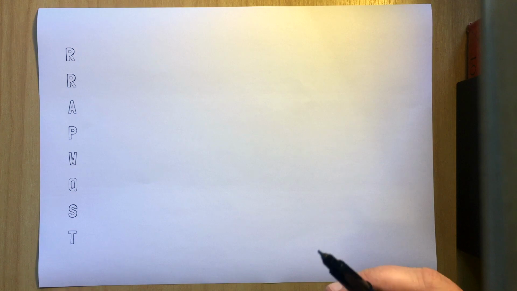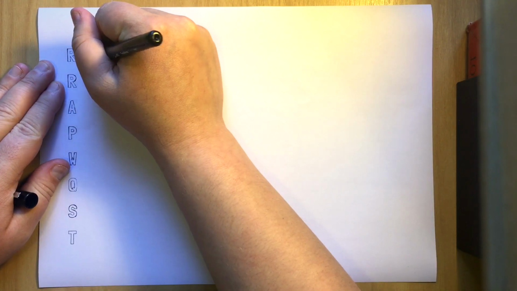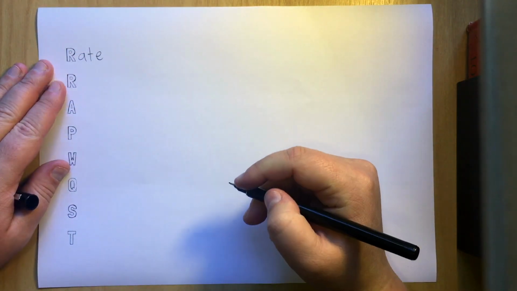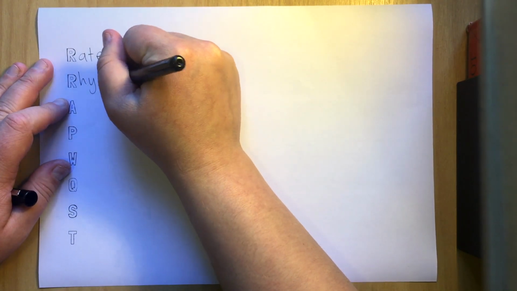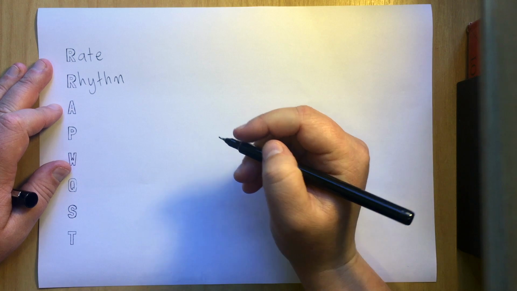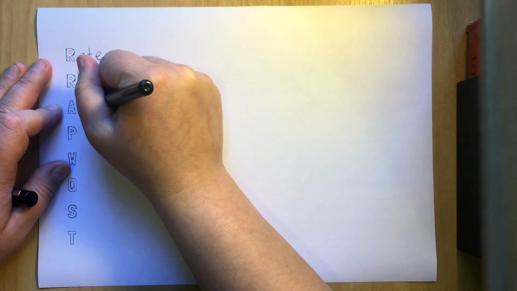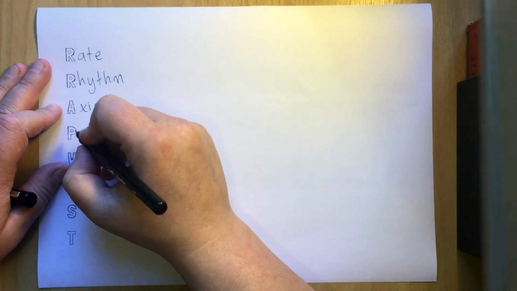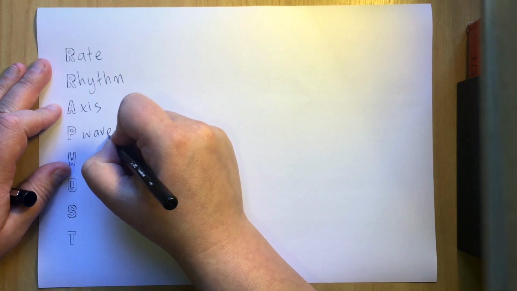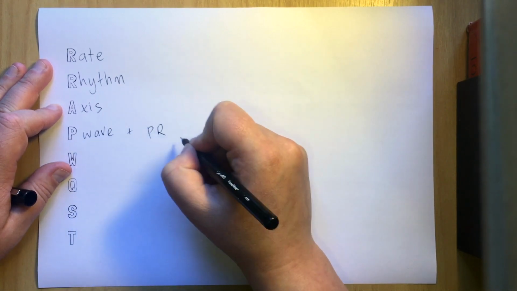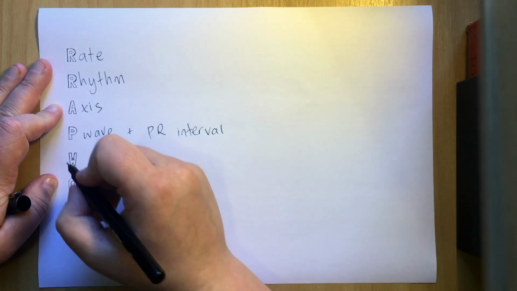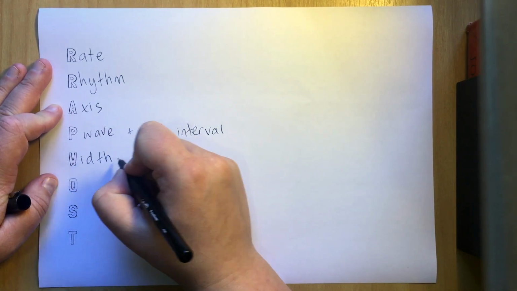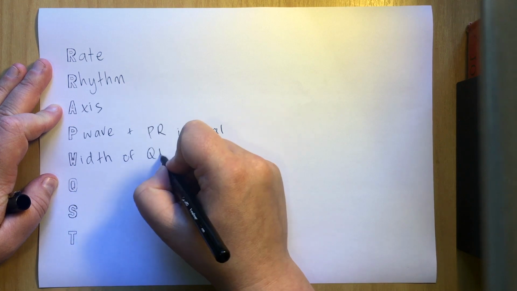So R is for rate. So what is the heart rate? The next R is for rhythm. A is for the cardiac axis. P is for the P wave, and also the PR interval. W is the width of the QRS.